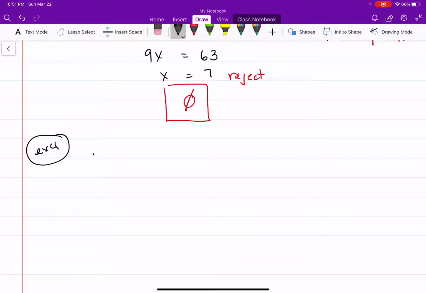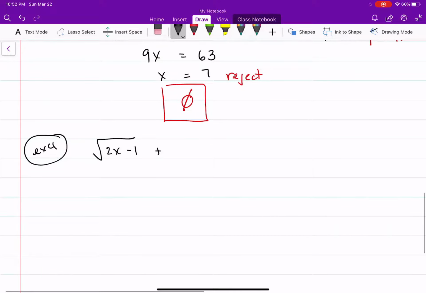So something like this, the square root of 2x minus 1, plus the square root of x minus 4 is equal to 4. Okay, so step 1 says to get a radical by itself. It doesn't matter which radical you get by itself.